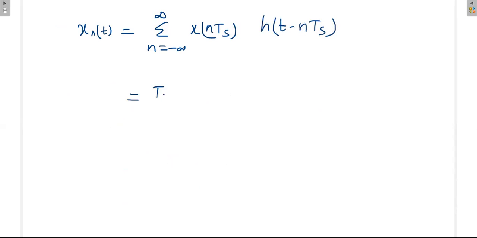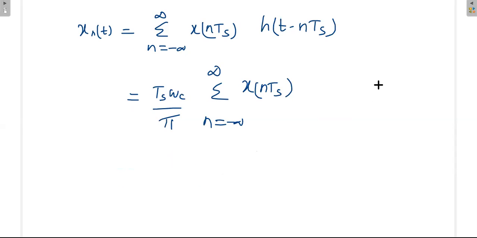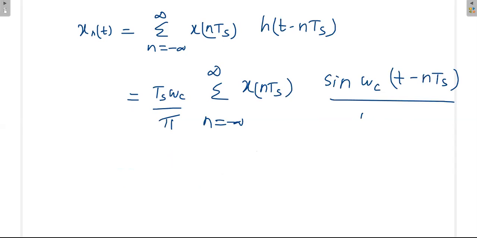So xr of t is Ts omega c divided by pi times the summation from minus infinity to plus infinity of x(nTs), and in h of t, wherever t is there, we put t minus nTs: sine of omega c (t minus nTs) divided by omega c (t minus nTs).